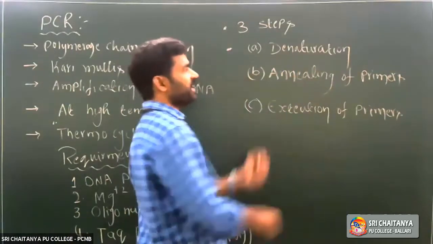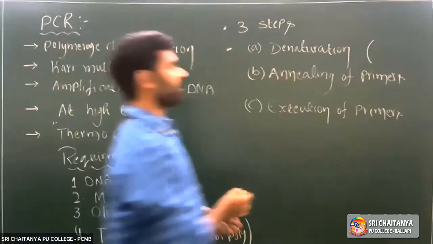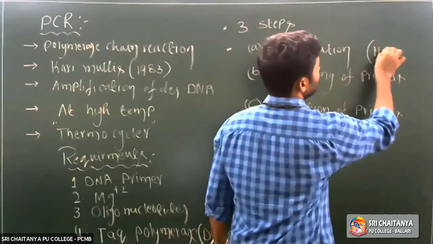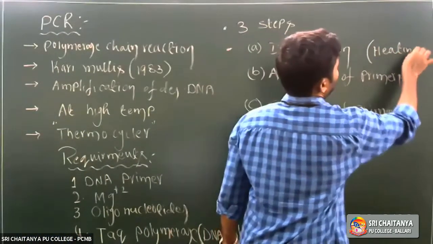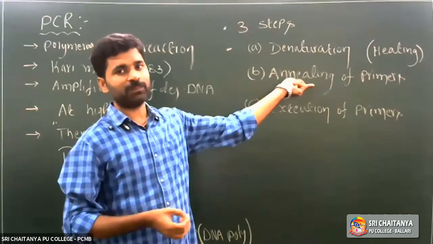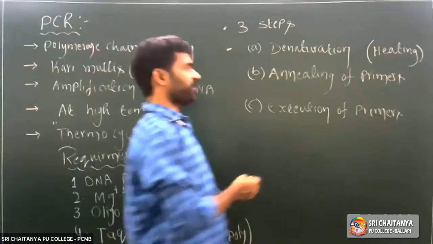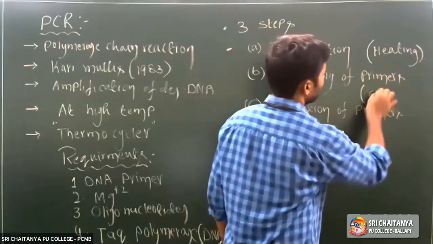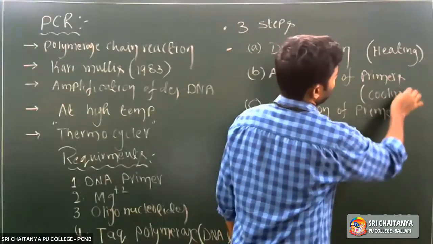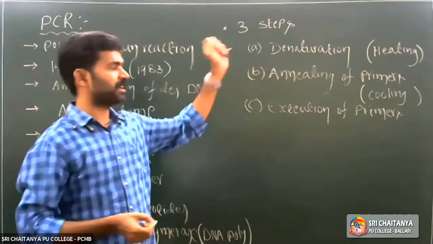Then come to denaturation. The other name for this is heating; within the brackets you have to write heating. Then the second one, annealing of primers, is nothing but cooling. Cooling to add primers to the template strand.